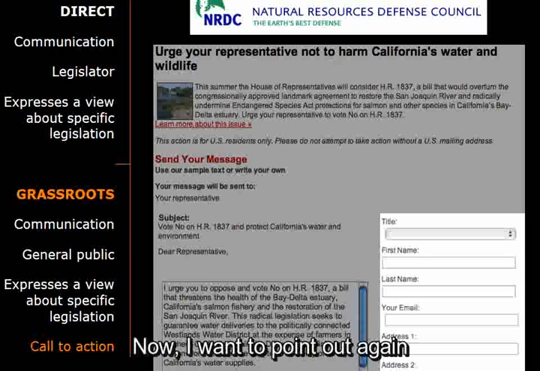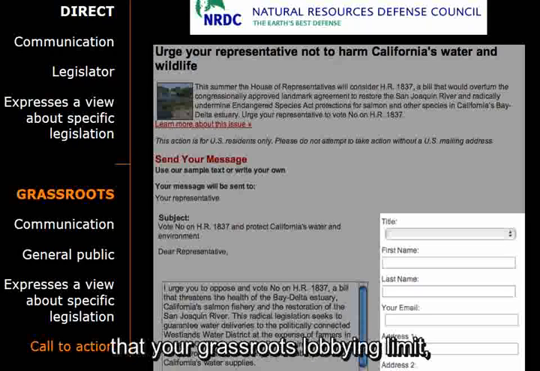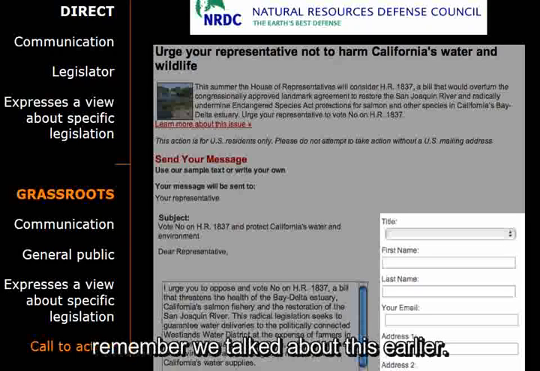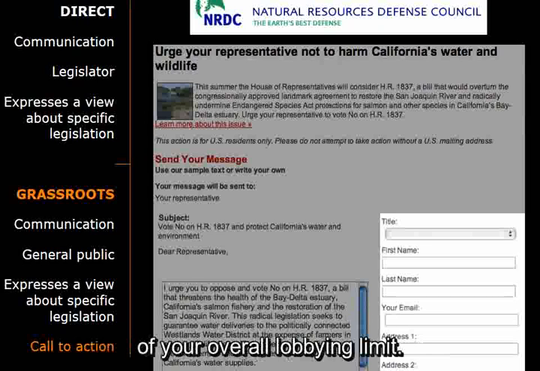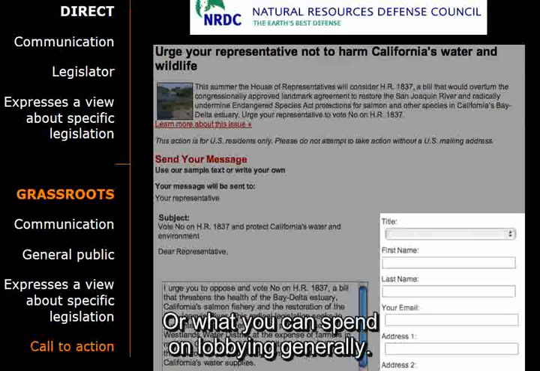Now, I want to point out again that your grassroots lobbying limit, remember, we talked about this earlier, is a quarter of your overall lobbying limit. So it's much smaller than your overall lobbying limit, or what you can spend on lobbying generally.